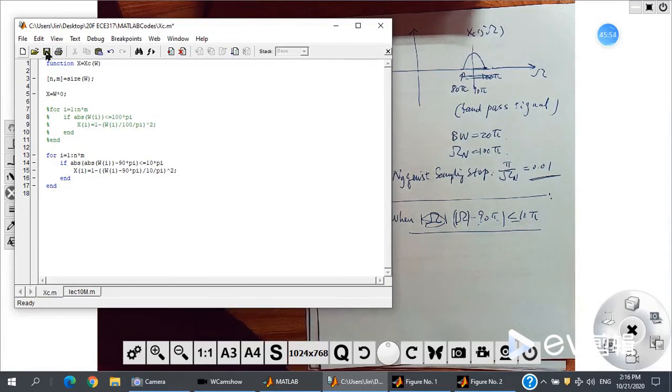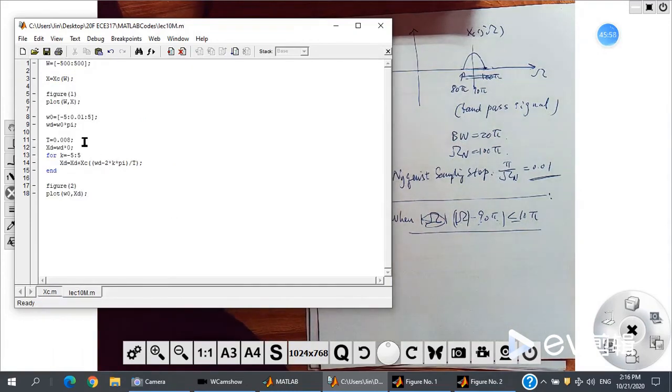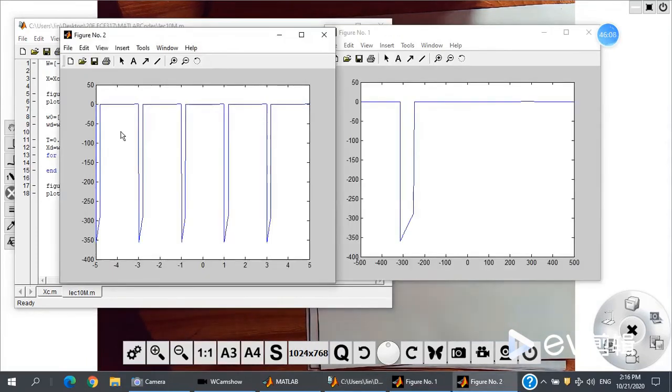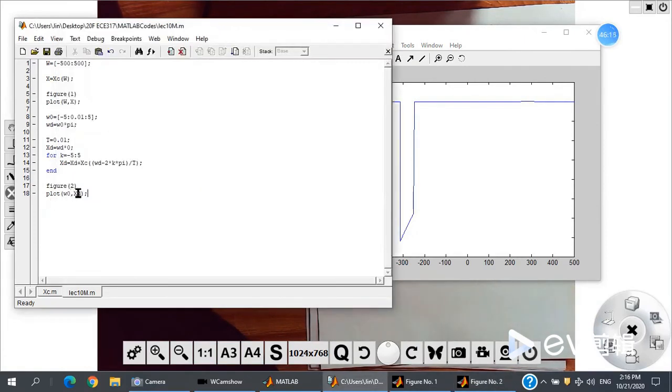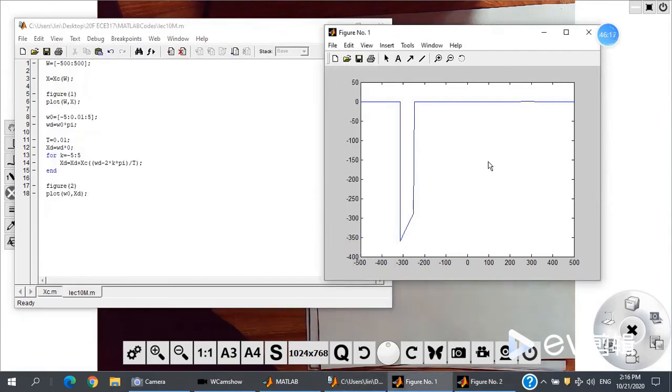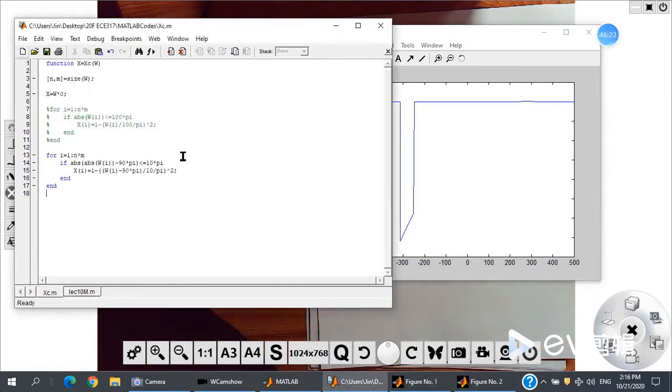Alright, let me save it and let's run it. I still use the Nyquist sample step. Run it. Oh, what is it? I think I got something wrong. Let me see. Figure 1. Oh, why go to the negative side? I got something wrong, sorry. XC, let me see XC.